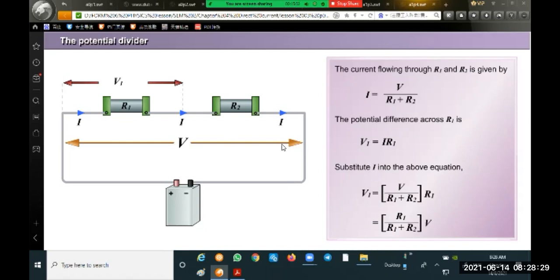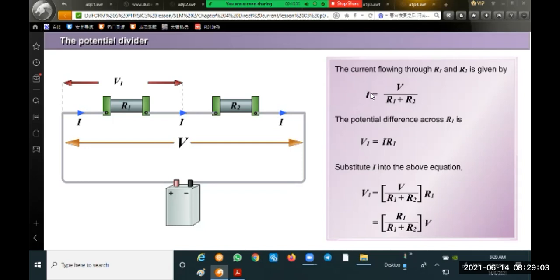Okay, now we look at the current. The current flowing through R1 and R2 is given by I equal to V over R1 plus R2. V means the total potential difference across the two resistors, which is equal to the EMF, divided by the effective resistance because they are in series connection.